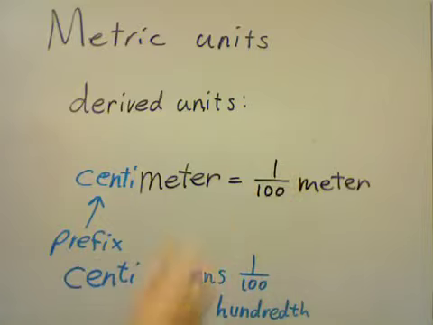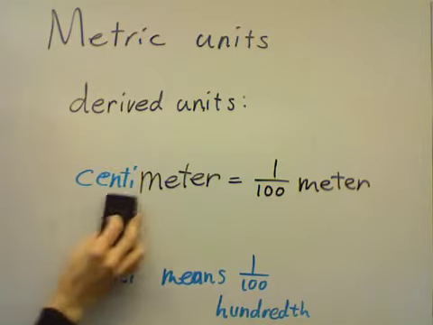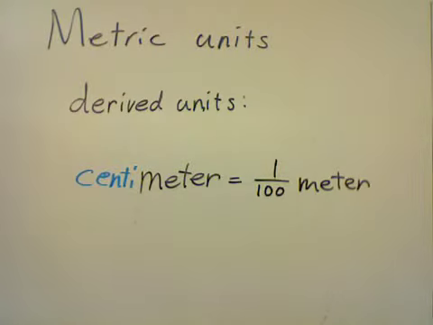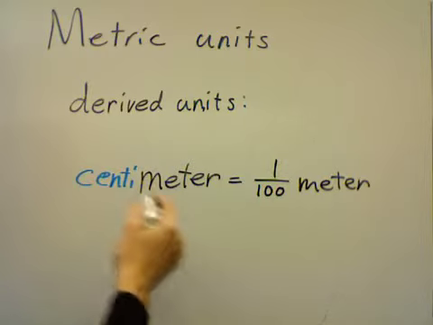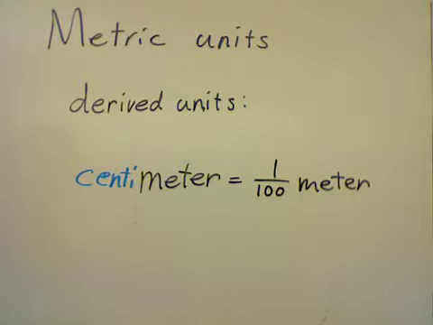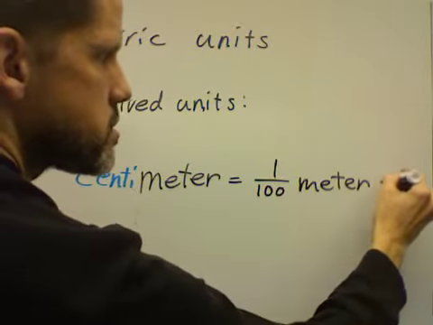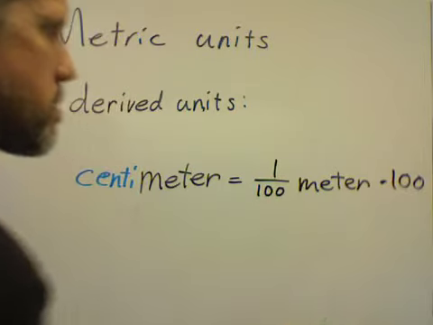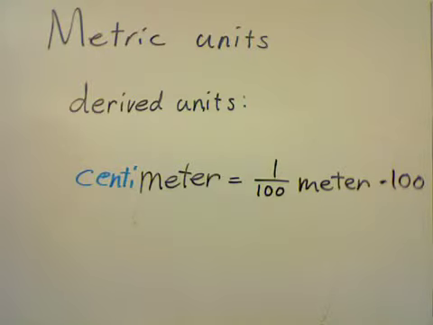Now suppose I don't like this ratio here, and I'd like to find out instead how many centimeters are in a meter. Well, I can find out how many centimeters are in a meter by multiplying both sides of this equation by the number 100. Now if this is an equation, I'm going to have to do the same thing to both sides of it.